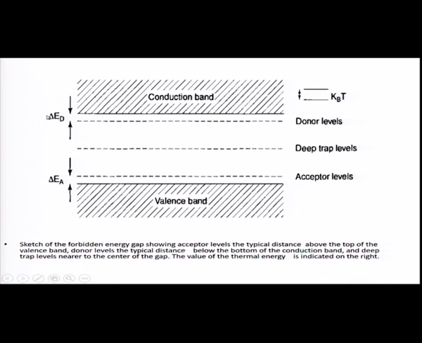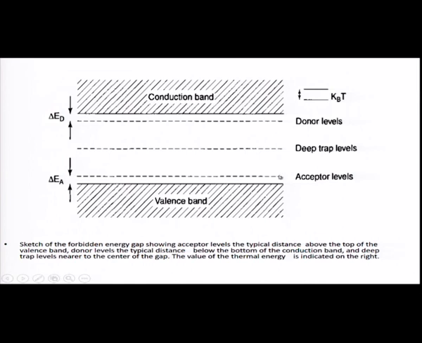That is, delta ED represents the energy gap at the donor level and delta EA represents the energy gap at the acceptor level. There are 3 dotted lines. The first dotted line near the conduction band is called the donor level, and the next dotted line near the valency band is called the acceptor level.